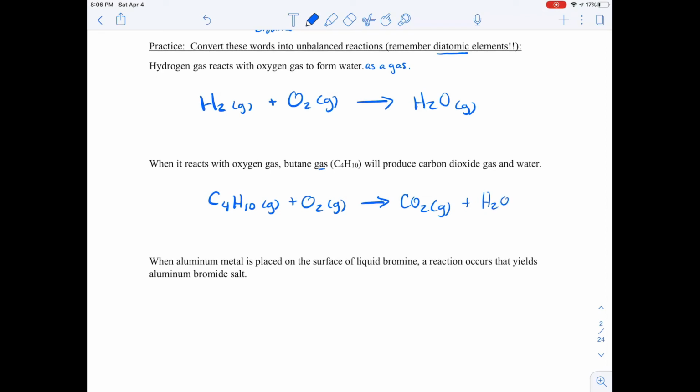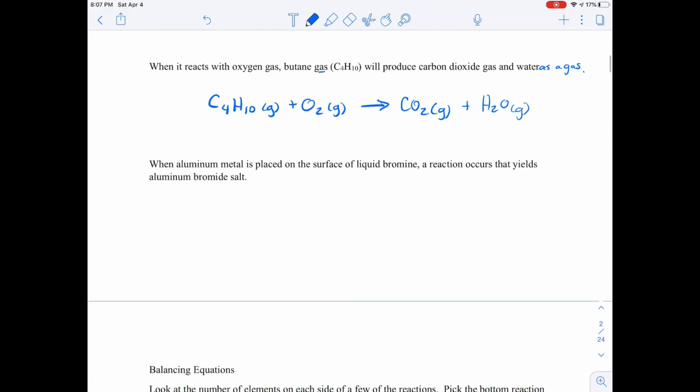I'm going to write water as a gas also. Now take a minute and do the third one. So at least you've had a moment to think it through.